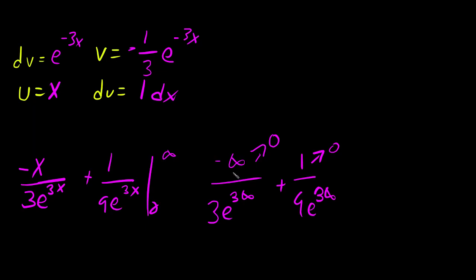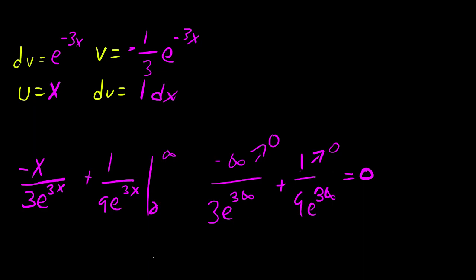This negative x on the top doesn't really mean anything because the 3e to the 3x is going to grow so much faster and be so much bigger at any given point. If I plug in 500,000, this is going to be much bigger than negative 500,000 because it's e to something times 3, which is crazy big. So at infinity, this equation equals 0.